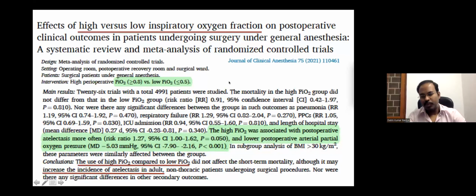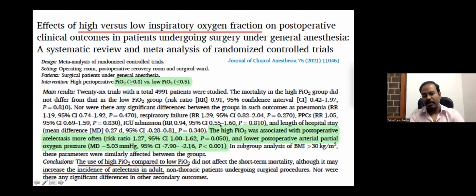But the high FiO2 group had an increased incidence of post-operative atelectasis identified on the basis of X-rays or lung ultrasounds. And also the post-operative partial pressure of oxygen was significantly low if high FiO2 was used.